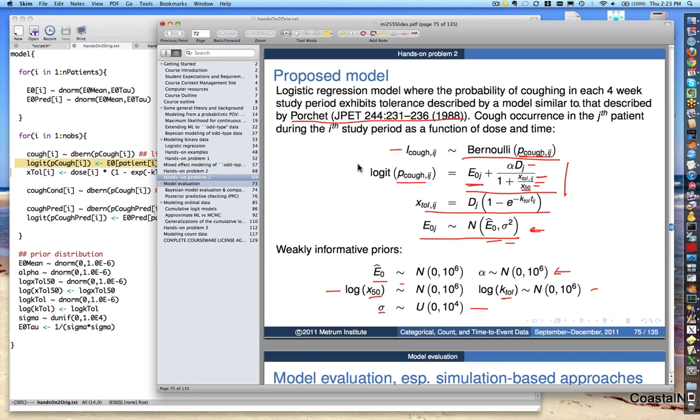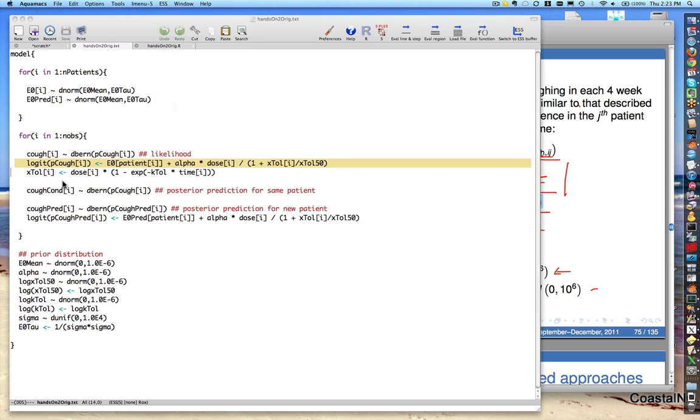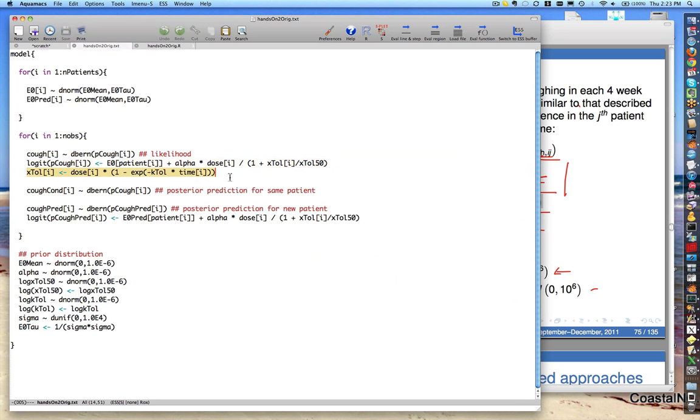So that's just a statement in BUGS terms of this component in our model. And then I have to specify my xtol component here, and that's going on right here. Again, that's in terms of our midpoint time.